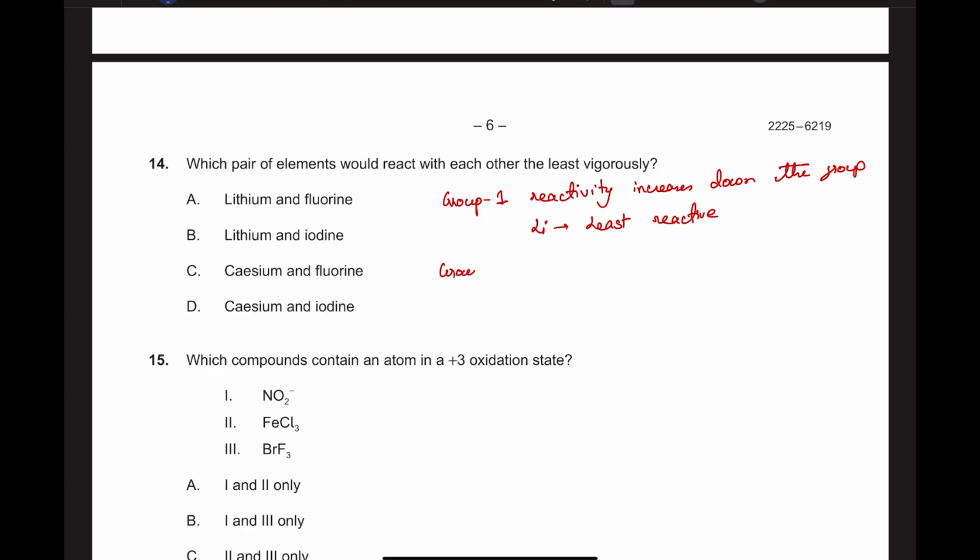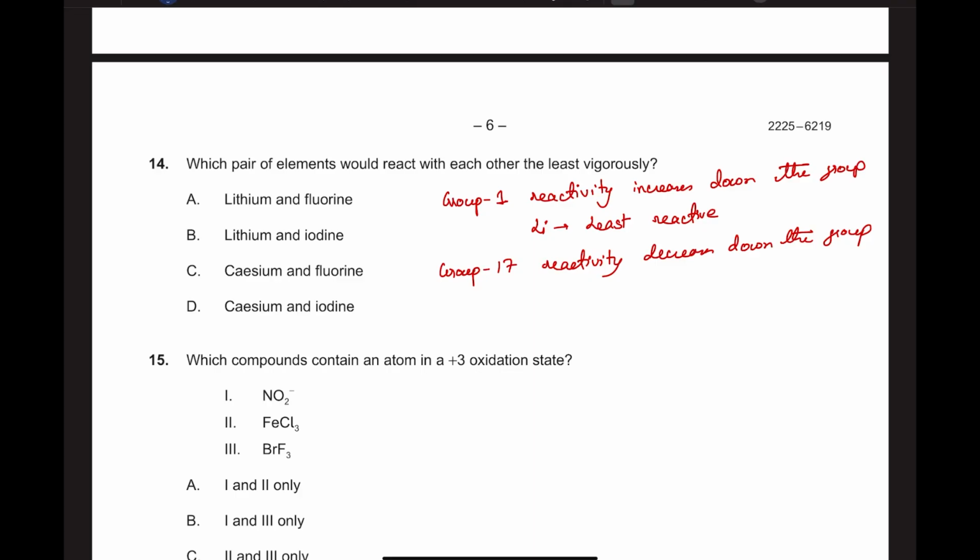For group 17, reactivity decreases down the group. Why so? Because if you go down group 17, it's iodine, right? If you want to add an electron to iodine, the electron will be placed at a much higher distance from the nucleus as compared to fluorine.